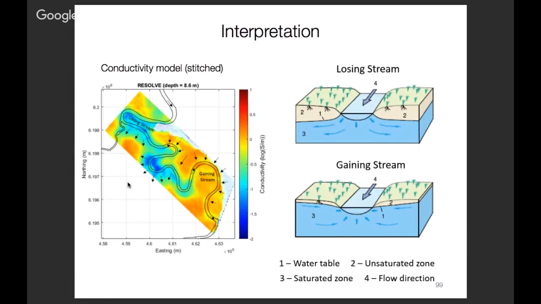And the interpretation, this is what was really of interest, is what's the flow of both the salt water and the fresh water? And clearly from up in this region in here, you can see how everything is really high conductivity. So the interpretation is that you've got salts that are coming down and going into the river.